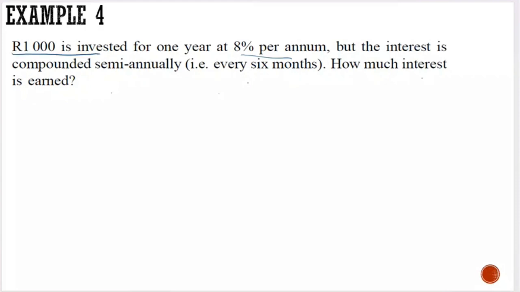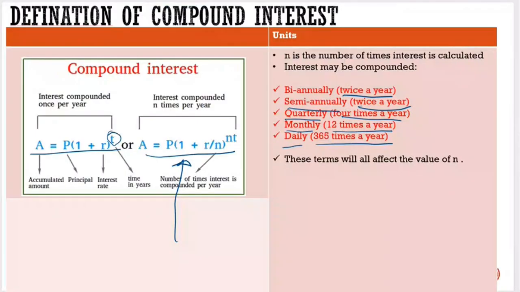This is your P, an amount that is invested, so your P is equal to 1,000. You've got your interest rate here, it is 8%, but this is compounded so many times. It is compounded semi-annually. We know from our notes that if something is compounded semi-annually, it is twice per year.